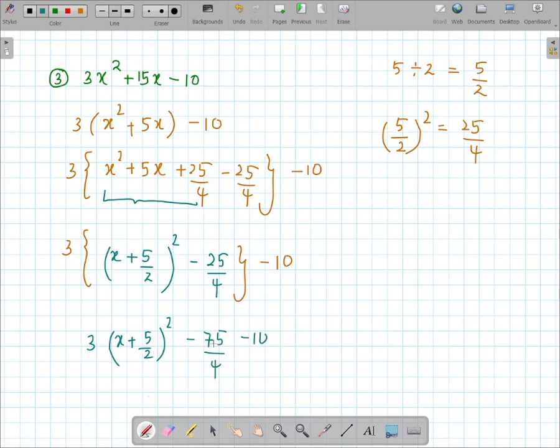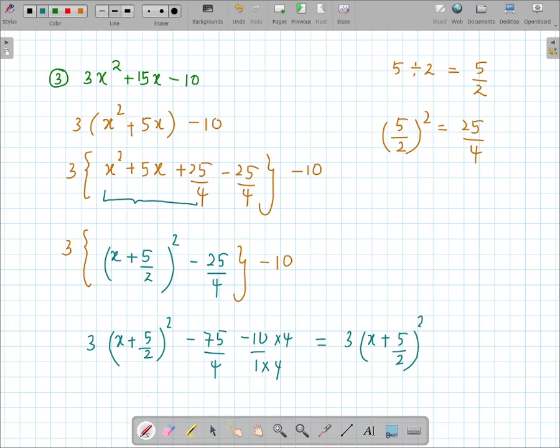Then how do you simplify minus 75 over 4 and minus 10? We write this one as a fraction, that is 10 over 1, and we equalize the denominators. Here 4; 1 multiplied by 4, 10 also multiplied by 4. Then I write here 3 times (x plus 5 over 2) whole squared.